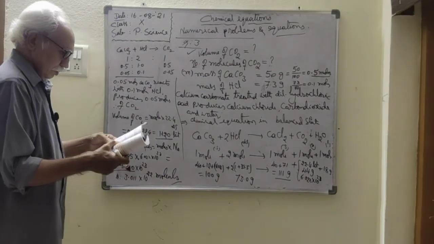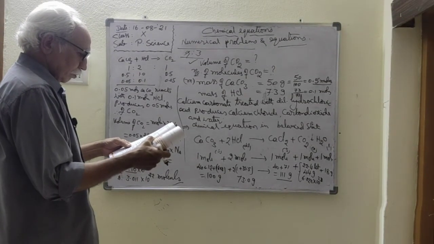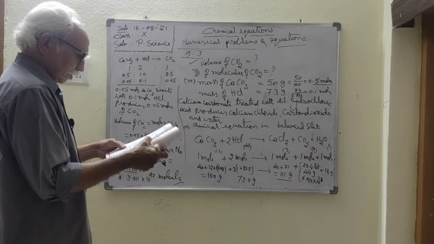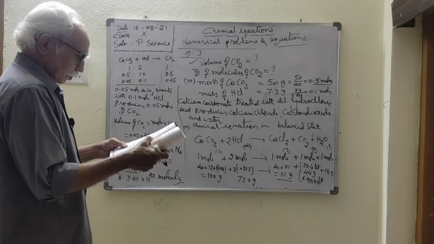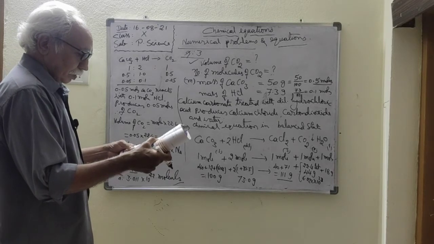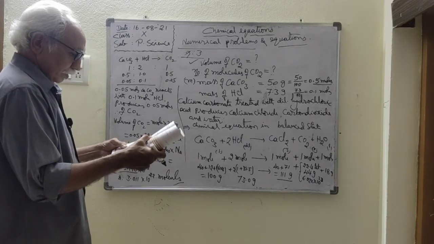In the above problem, the amount of calcium carbonate taken is 50 grams and HCl is 7.3 grams. So you can write, hence the product CO2 formed depends only on the amount of HCl, which is in the least amount, but not on the amount of calcium carbonate, which is in excess.